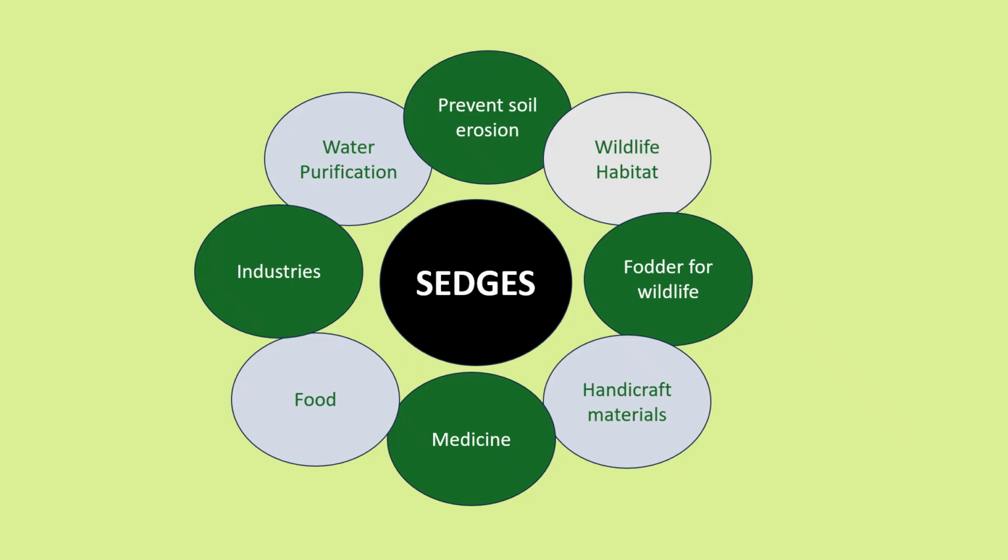There are different aspects we can talk about with respect to sedges, because they are very important wetland plants. And when you talk about wetland plants, sedges play an important role in water purification, prevent soil erosion, and also play an important role as a wildlife habitat as well as fodder for wildlife.